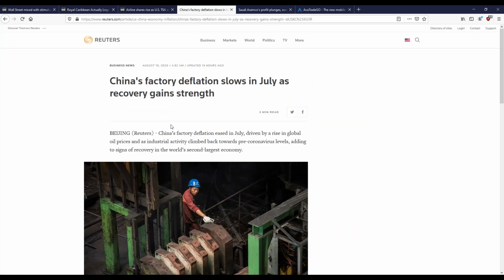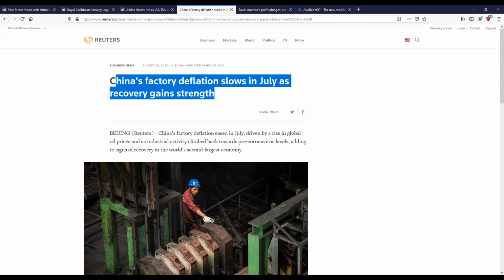As we move along, China's factory deflation slows. If you don't understand what that means, that's good news. Deflation is when the economy's shrinking. So if the deflation has slowed, it's still bad that there's deflation, but there's less deflation pace-wise. And so that's viewed as good news. And so the markets like that headline as well.